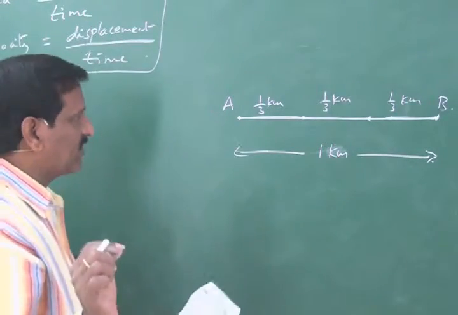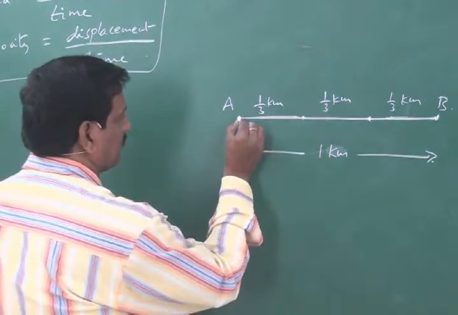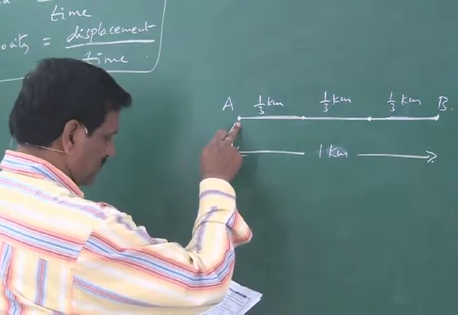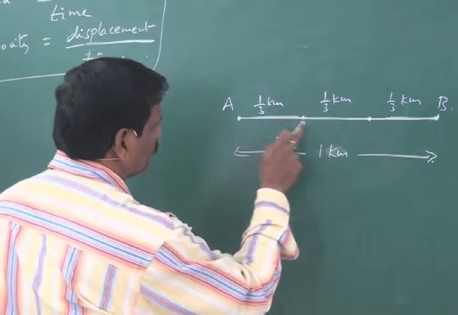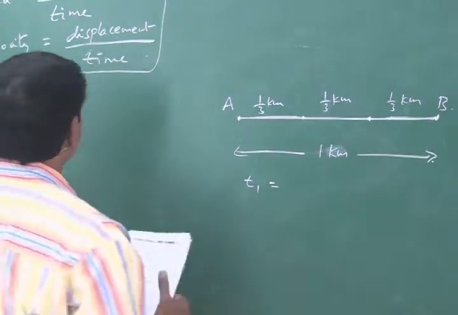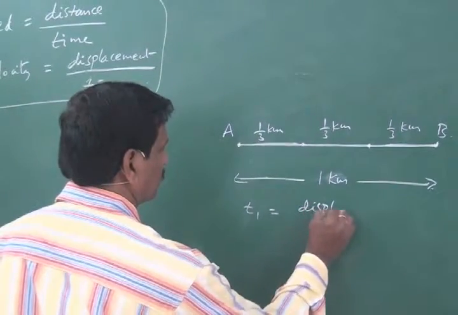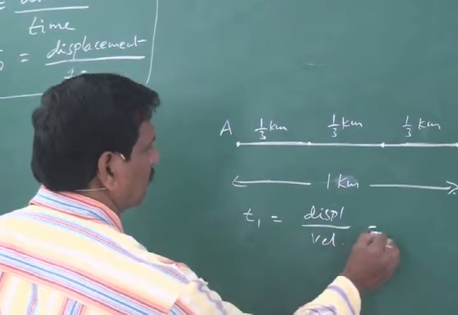Now, to find the average velocity, we must know the time intervals. Time taken by the car to move the first 1/3 kilometer, T1, is equal to displacement by velocity.